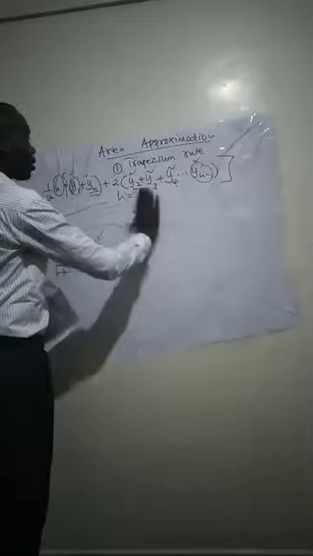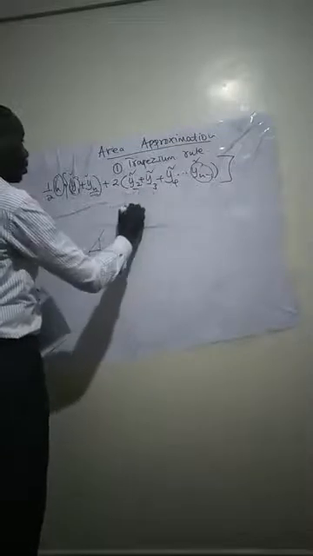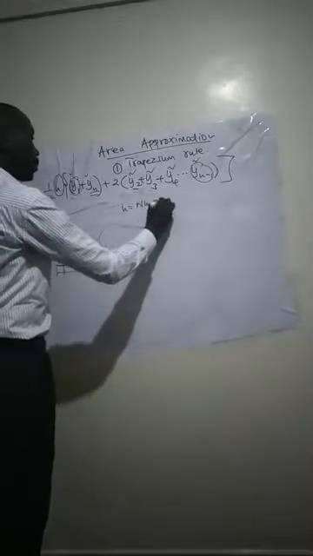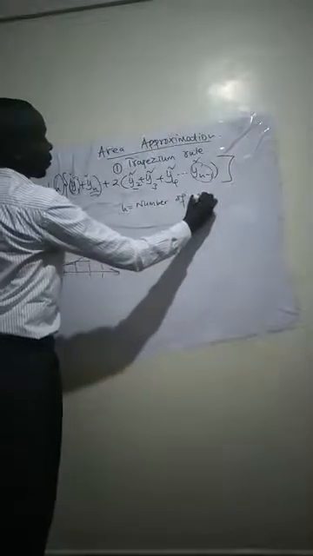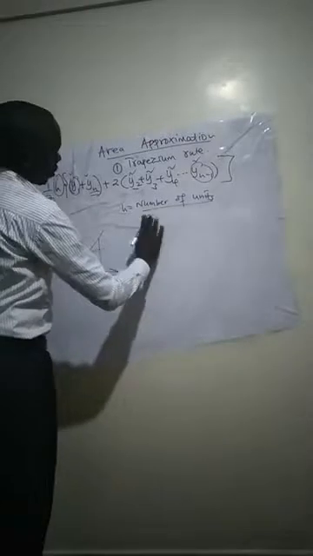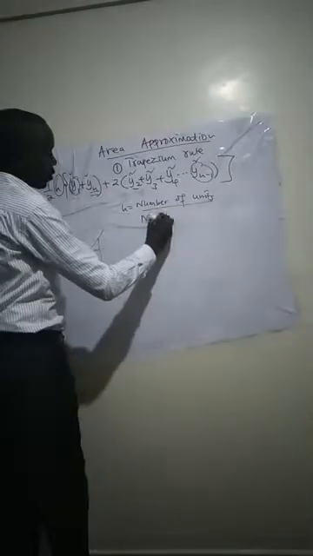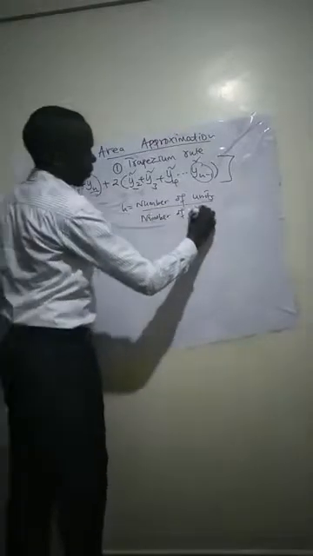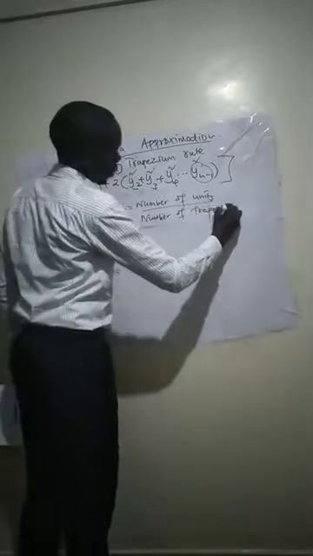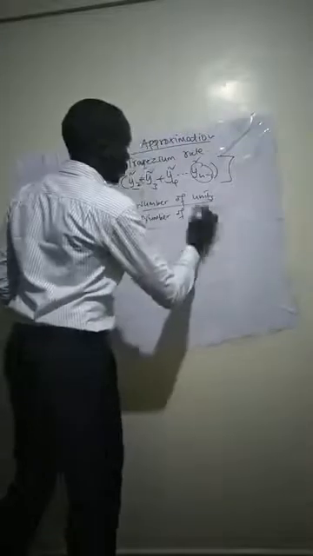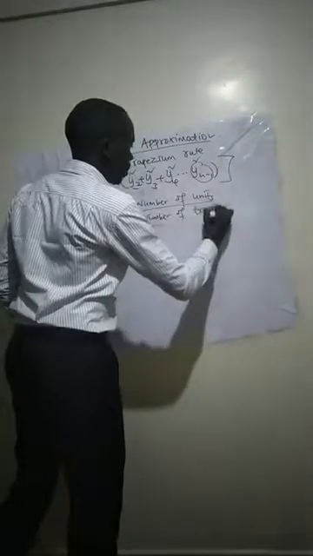So h is the number of units over the number of trapezia, or in most cases we'll talk about strips. The trapezia or strips we are talking about are these.